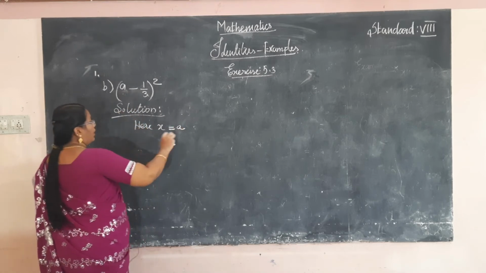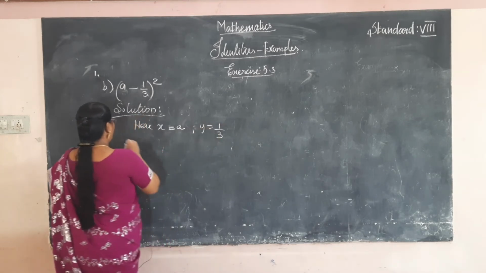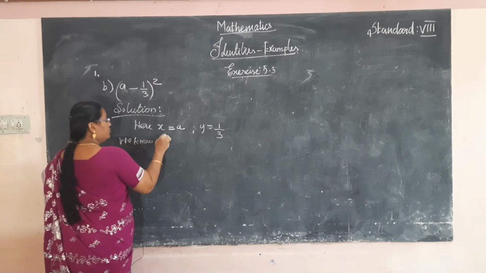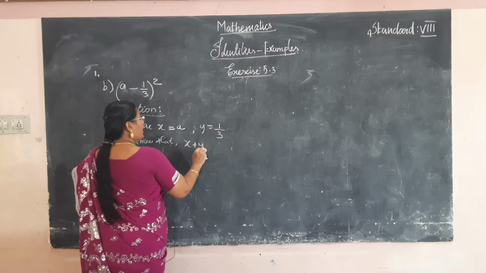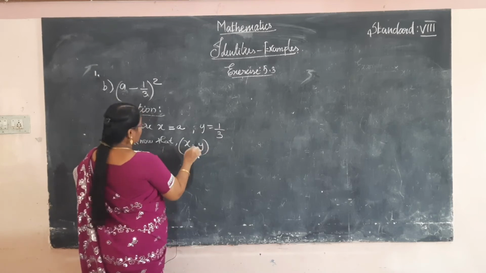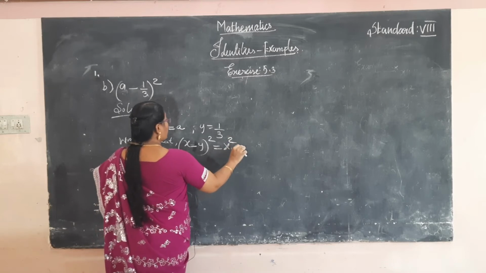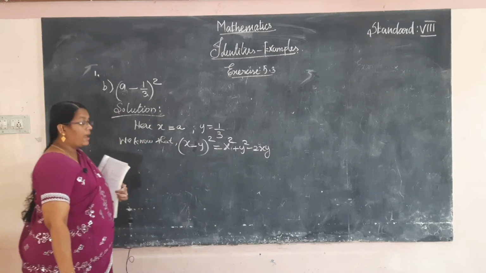Okay, a. y is equal to 1 by 3. We know that formula: x minus y the whole square is equal to x square plus y square minus 2xy.